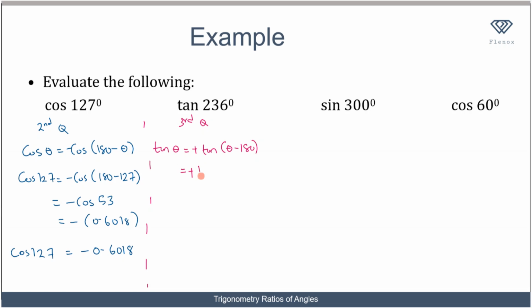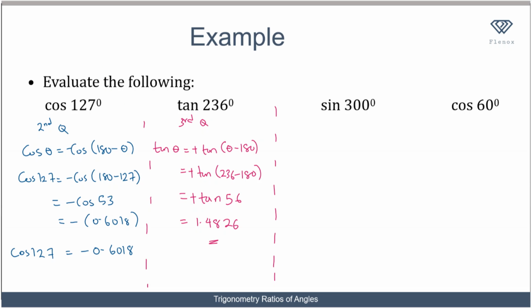This becomes plus tan of (236 minus 180), and that becomes plus tan of 56. And when you do that, that becomes what? 1.4826.